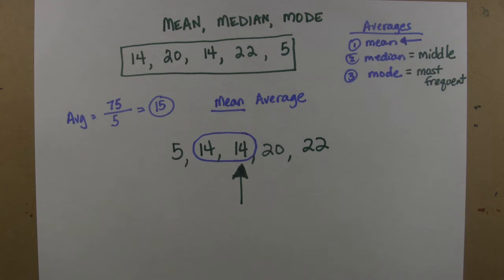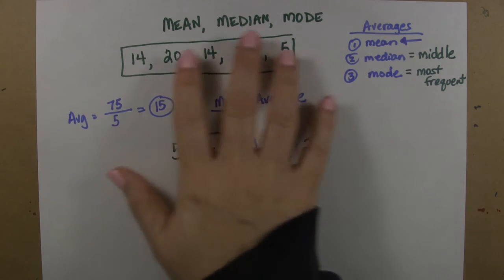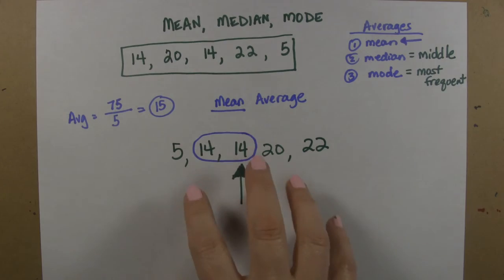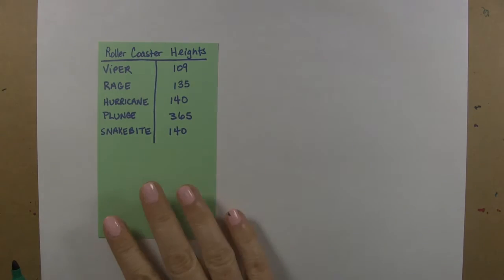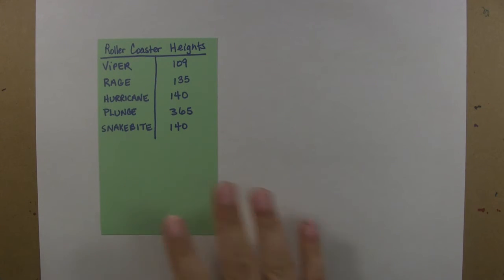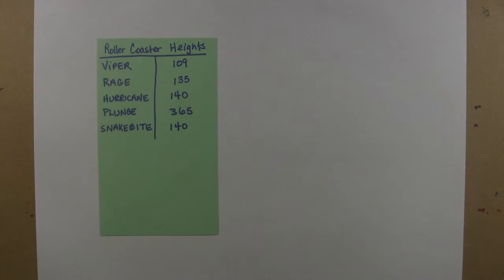Right. What's interesting here is that now you understand how statistics can start to lie to you. For instance, let me show you this. Let's say that you are going to go to a theme park, and you are super excited because you are a fan of roller coasters.